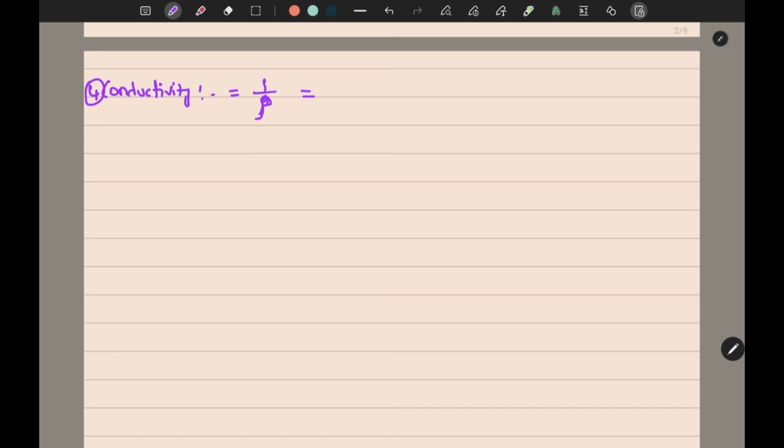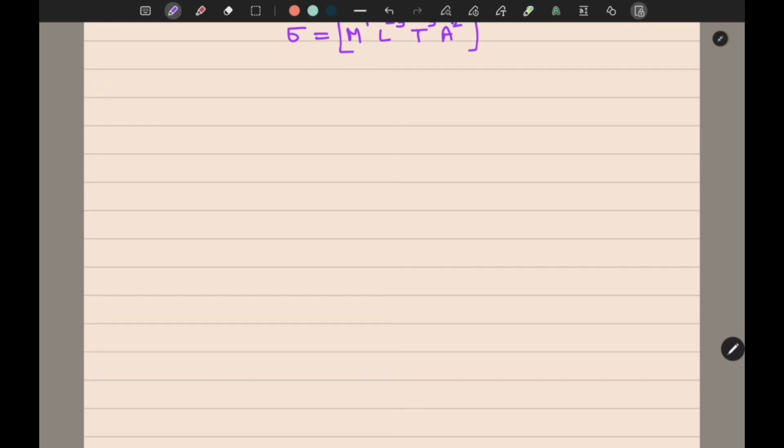So from this, the conductivity dimensional formula is the inverse of the resistivity dimensional formula. From this, the conductivity sigma dimensional formula is M inverse L power minus 3 T cube A square. This is the dimensional formula of conductivity.